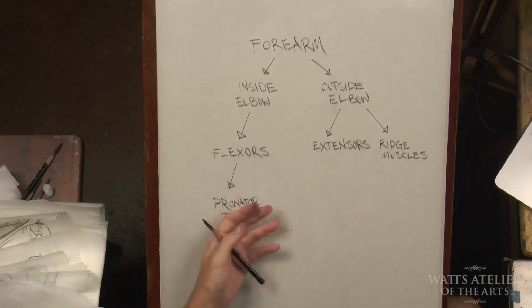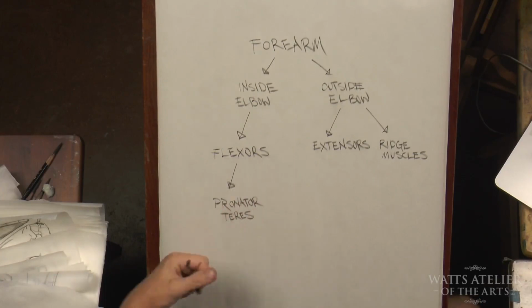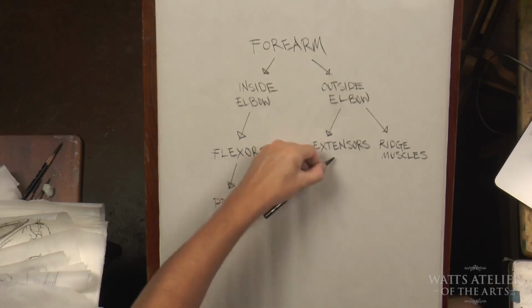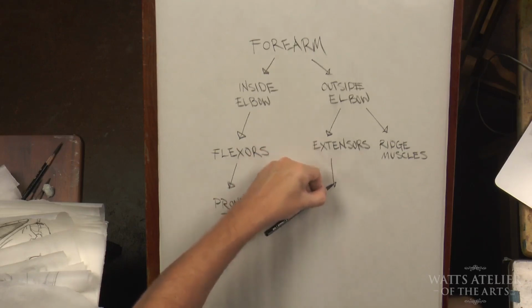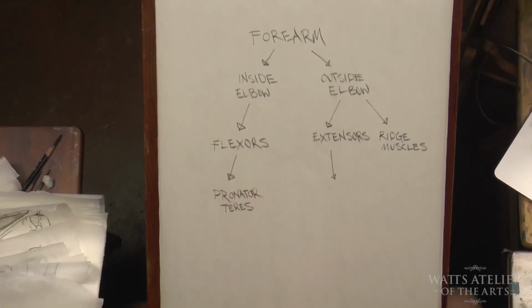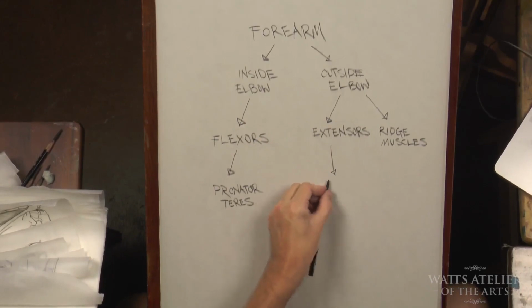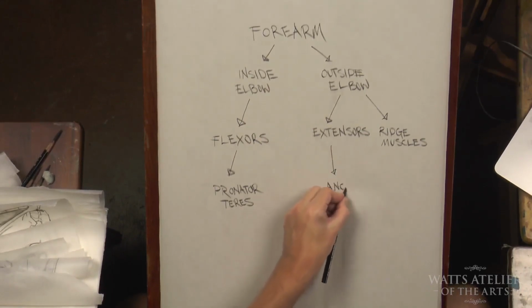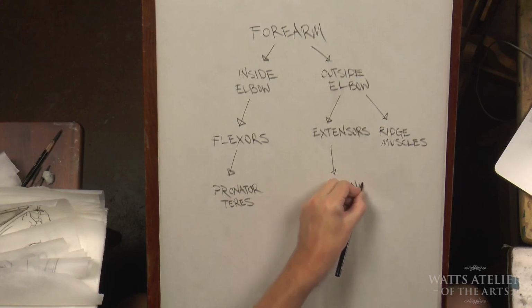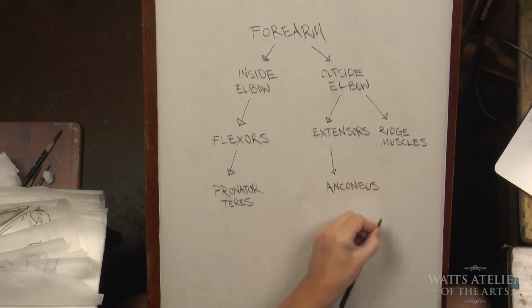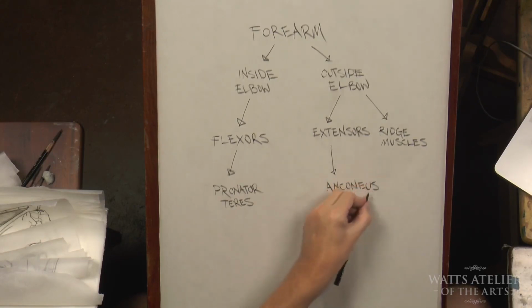Sometimes, not on most people, it's not super visible. But if you're a bodybuilder or really lean, that thing might pop up. And then on this side you have anconeus, which is on the bottom of the forearm, near your elbow. A little triangular muscle that sits down there.